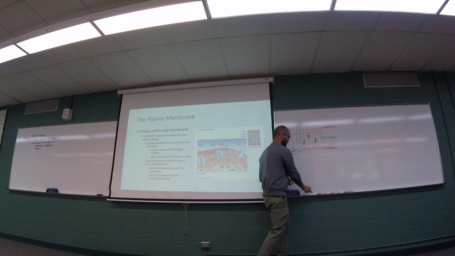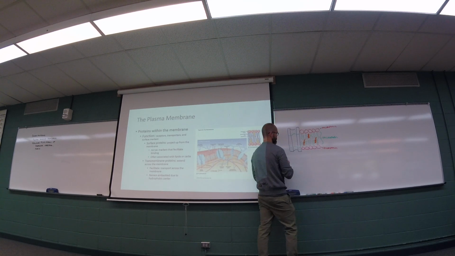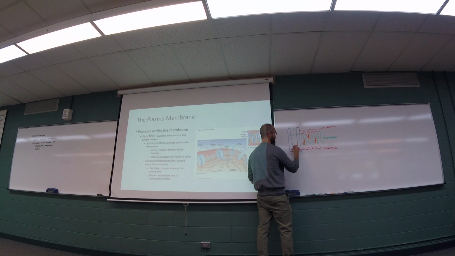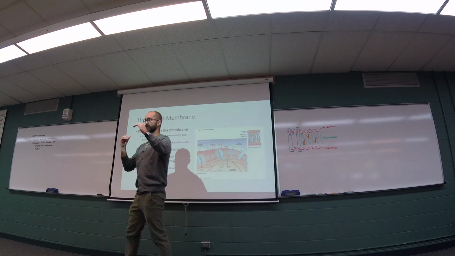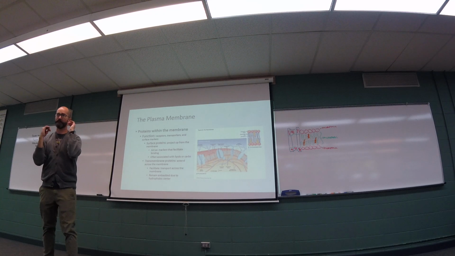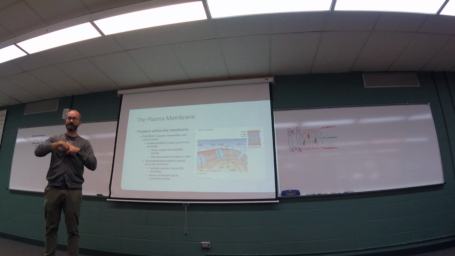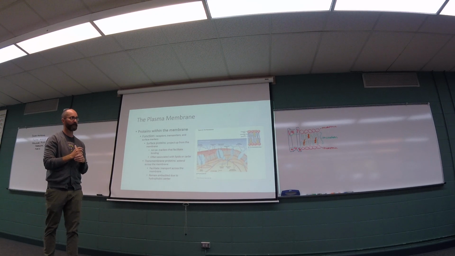And this part up here that's interacting with the phosphate heads is hydrophilic. And so this hydrophobic core and hydrophilic top and bottom prevent that transmembrane protein from just popping out one side or the other, holds it in place.